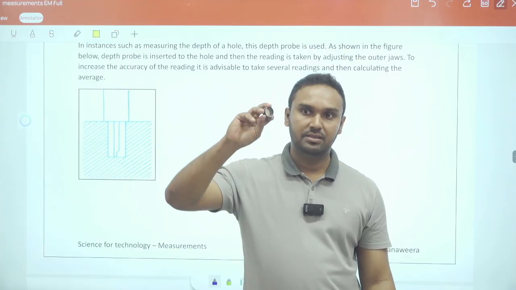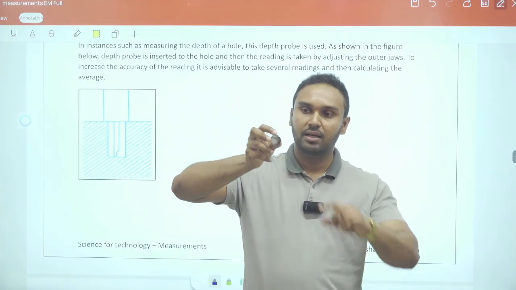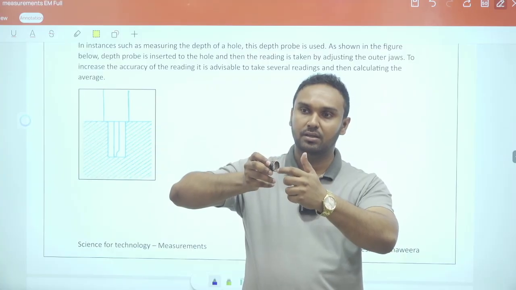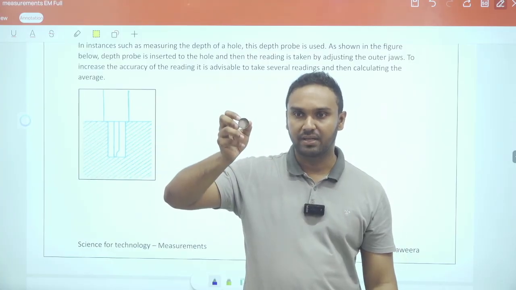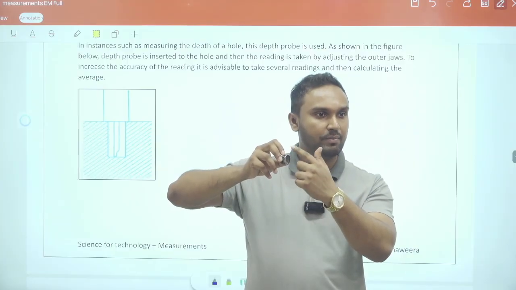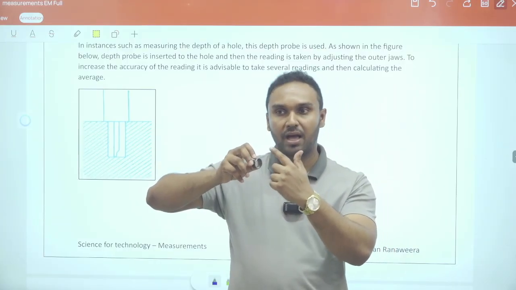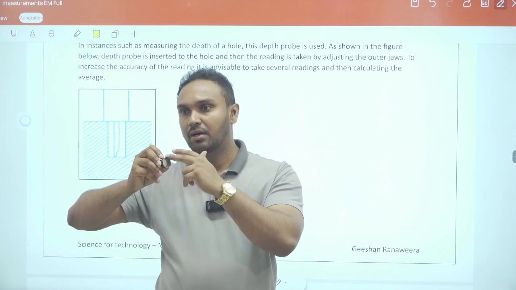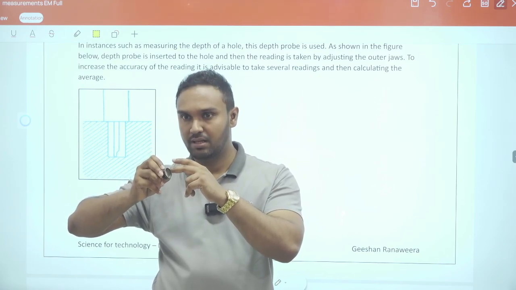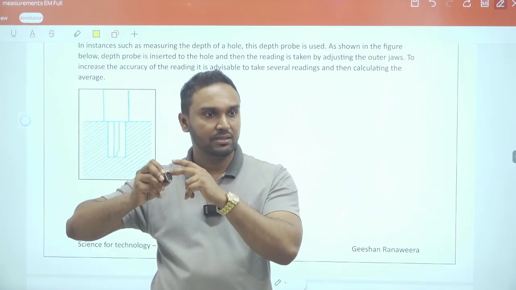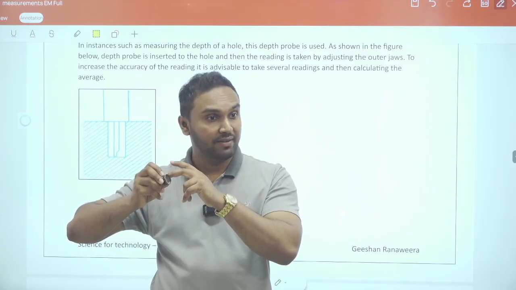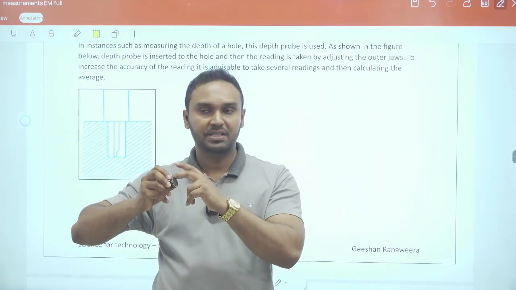If I take diameters from here to here and here to here, those two diameters will be different because the shape is different from place to place. So you have to take several measurements, add them all together and divide by the number of measurements you took. That is the average of the measurements, right?